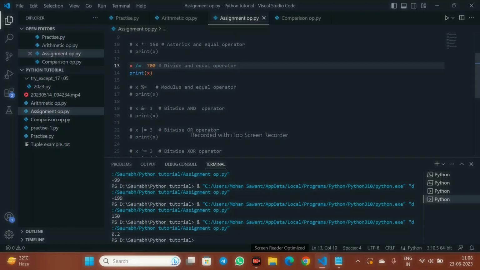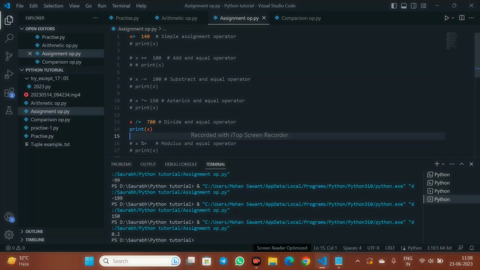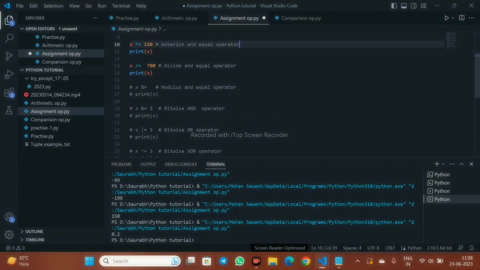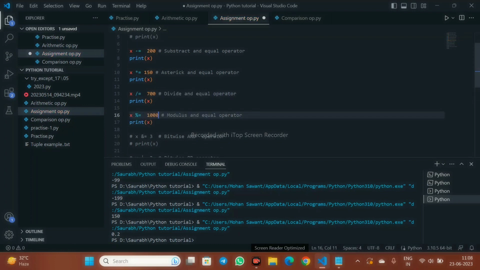So in this I will show only the modulus and equal operator here. So now I will put here 1000.